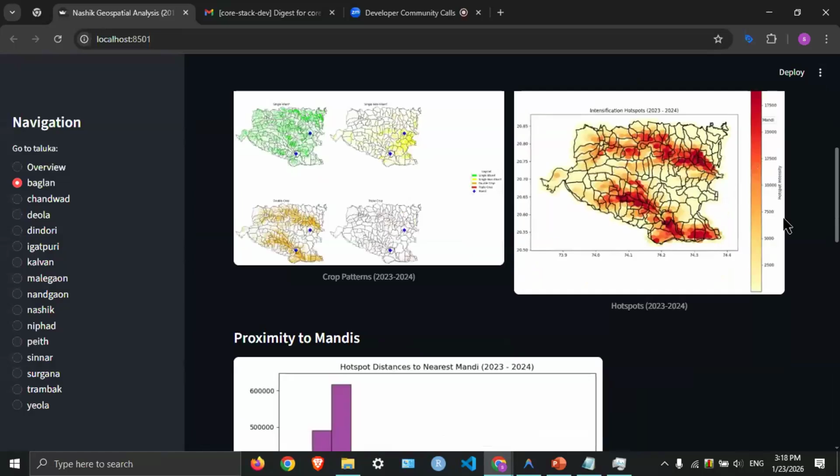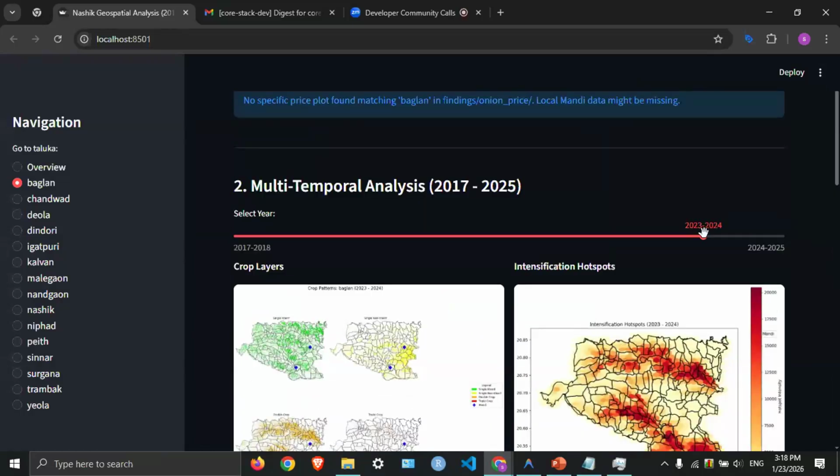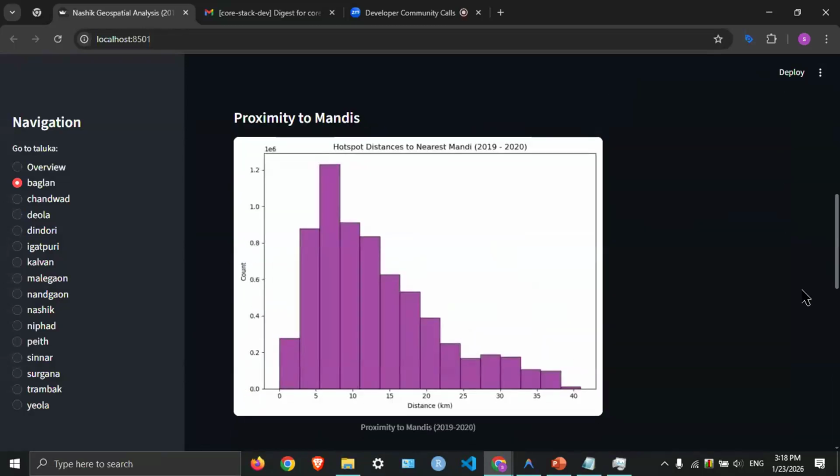So we can trace using this hotspot that the crop production of single kharif crop and double kharif crop is closer to those mandi locations. And if I move the slide bar, let's assume that here, now it doesn't affect that much, but in some cases, let's say Nandgaon.